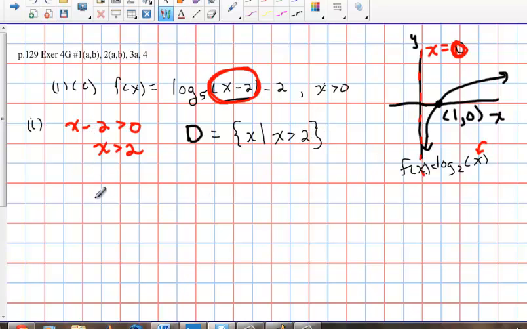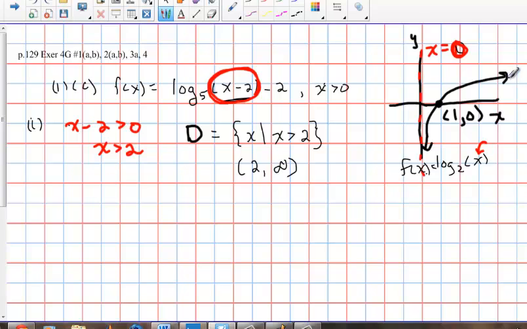Okay. So now what we're going to do is find the range. Let's do this real quick in interval notation as well. In this case, the range for a logarithmic function is going to be all real numbers. So this function, if you look at the parent function, never stops going down towards negative infinity, the y values, and it goes towards positive infinity, the y values, as x goes towards infinity.